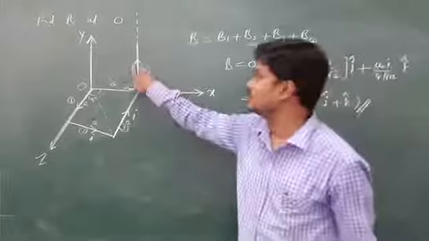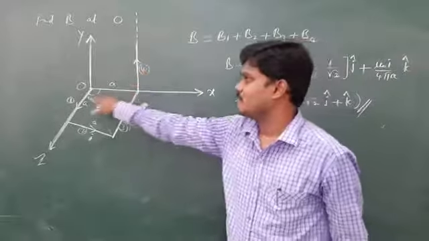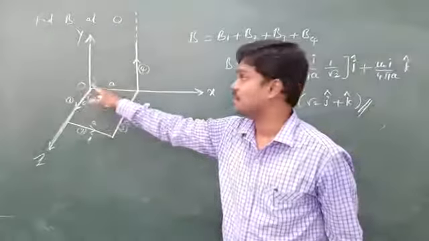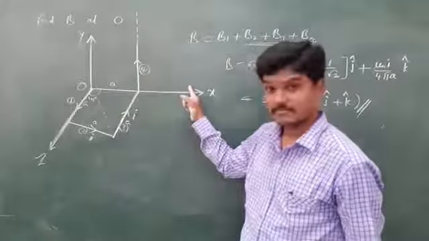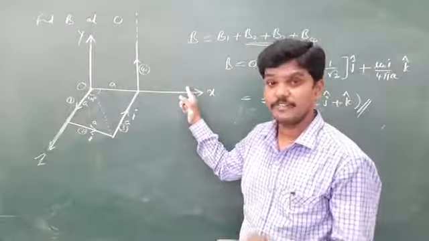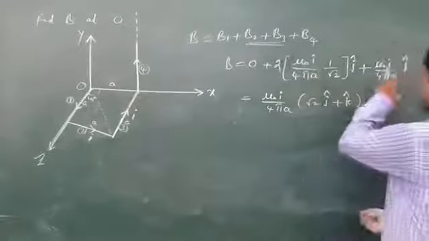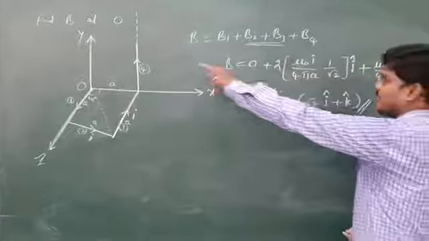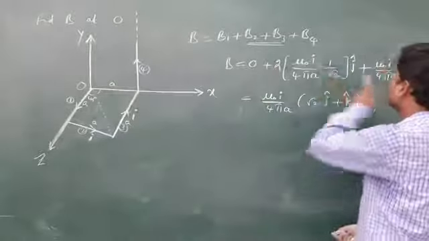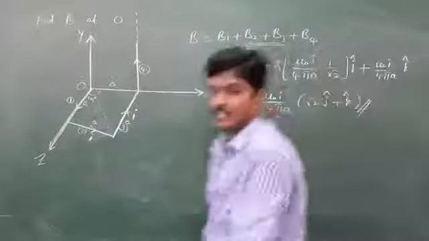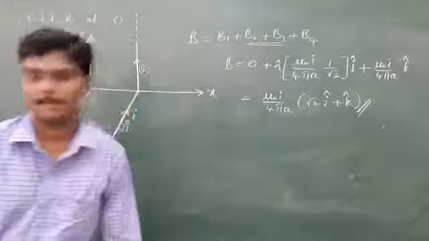This wire is in the XY plane, and O is outward. Outward means positive; if O were inward it would be minus. Here O is outward, so I am writing k cap. Finally I got mu naught I by 4 pi a, root 2 j cap plus k cap.